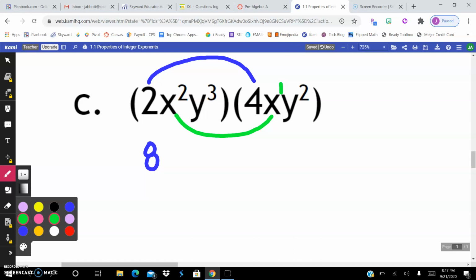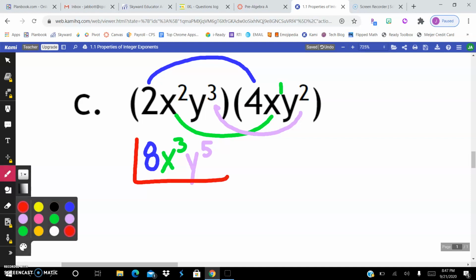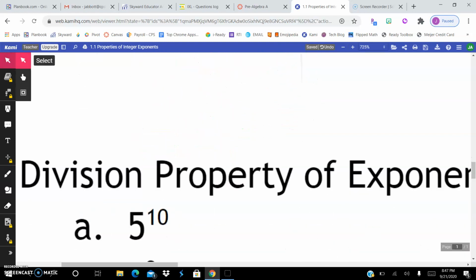So we're going to add those exponents. 2 plus 1 is 3. Then we look at the y's. We have y to the 3rd times y to the 2nd. So 3 plus 2 is 5. That simplifies down to 8, x to the 3rd, y to the 5th.